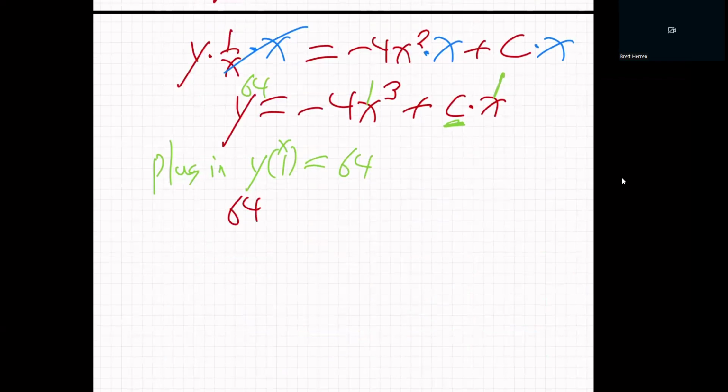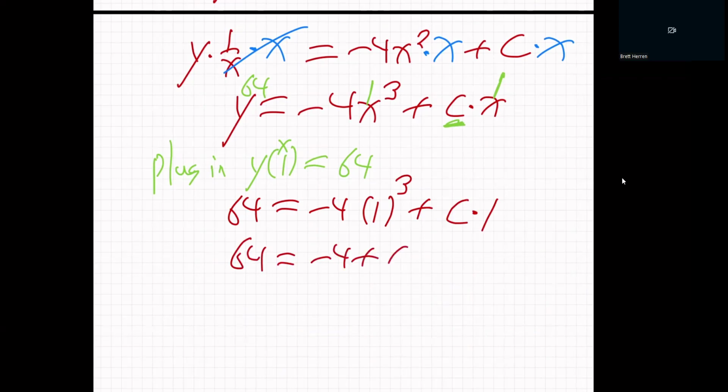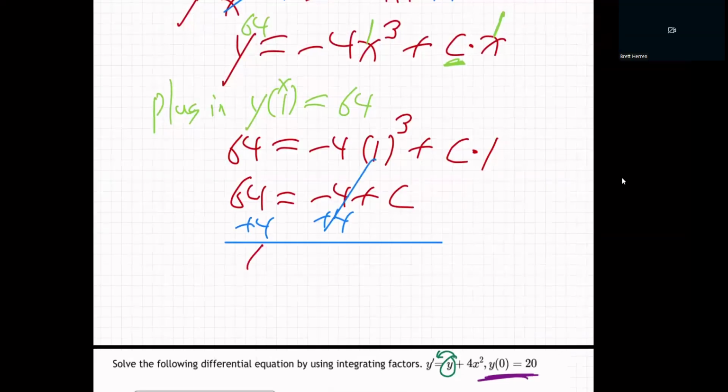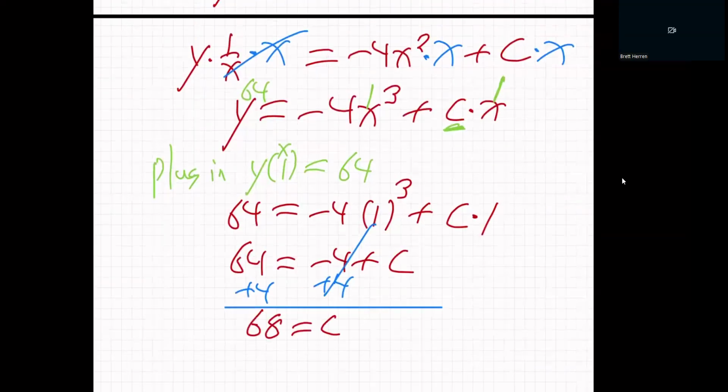So that means 64 is minus 4 times 1 cubed plus c times 1. 64 is minus 4 plus c. Add the 4 to both sides. C is 68. So we got it.